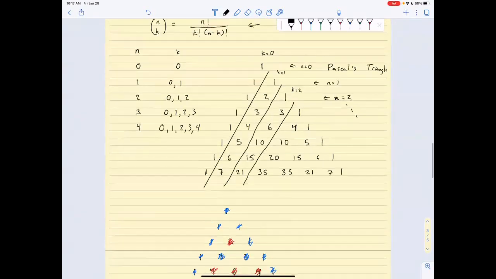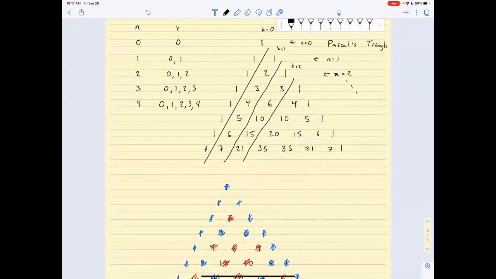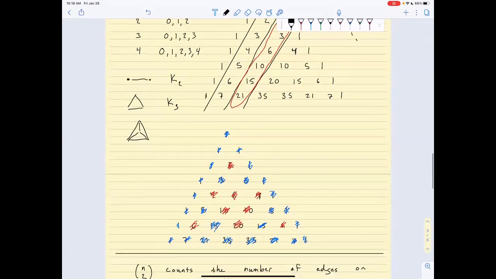Let's just double check to make sure. We're looking very much at this column. That's the 2 case. So if we look at our graphs, that's K2. Here's K3. Here's K4. I guess I've drawn it the other way. K4, and then K5.